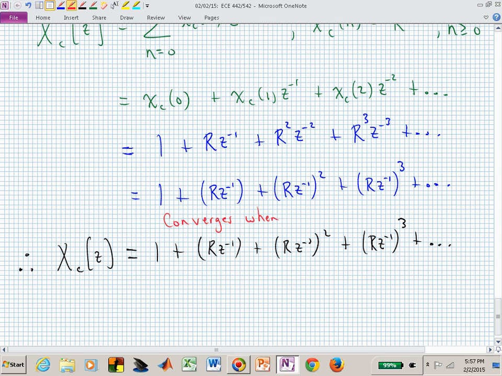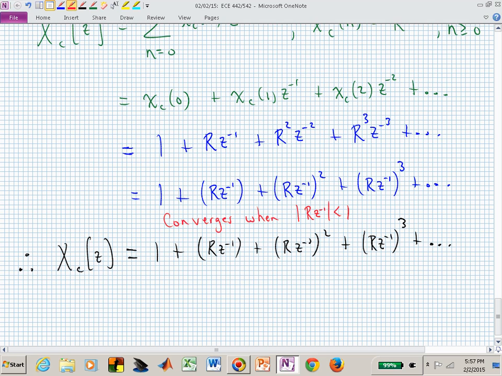And x, we said, is this entire piece, rz to the minus 1. We're now saying that this converges when r z to the minus 1 is less than 1, or the magnitude of that product, r and z to the minus 1, is less than 1. We were defining that as x.